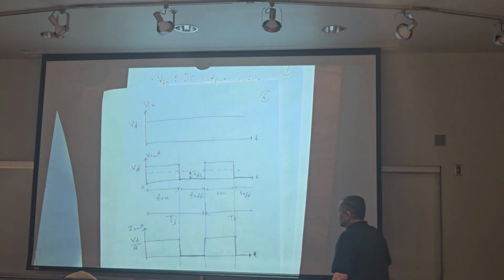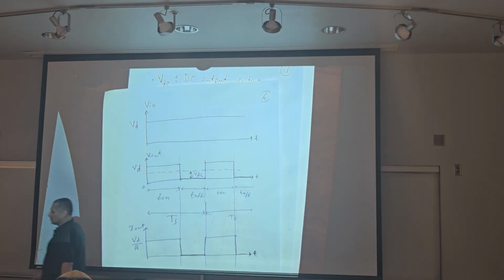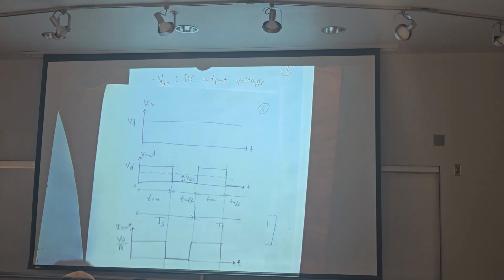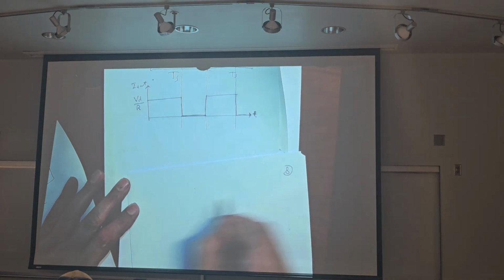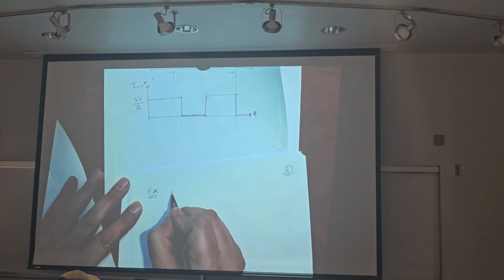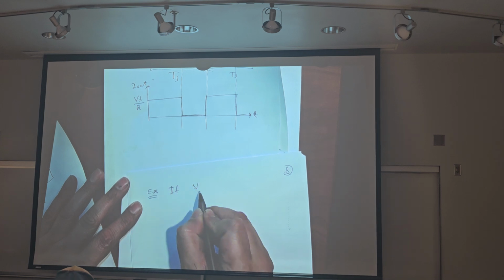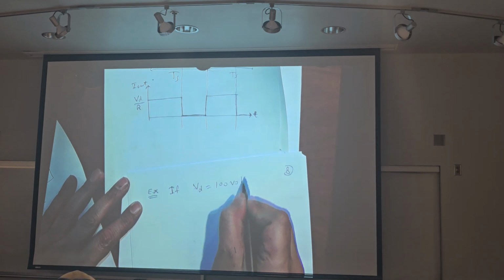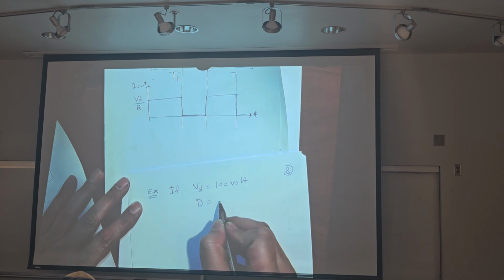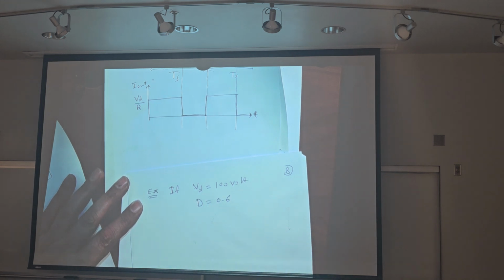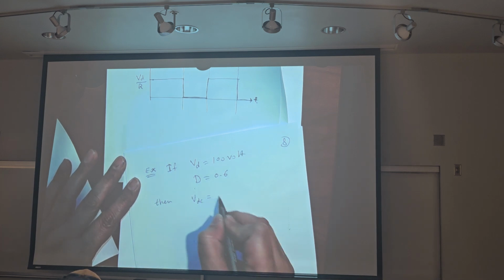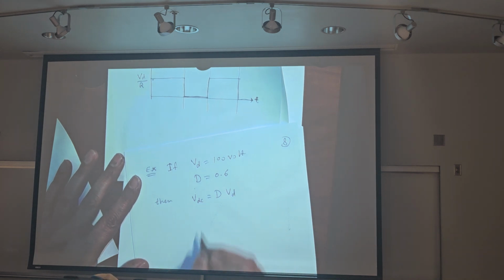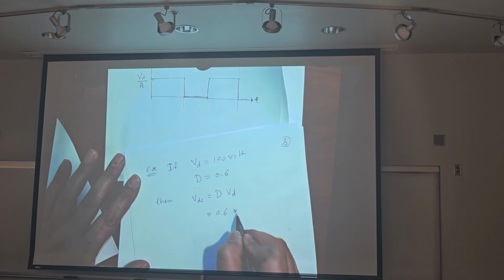So now let's study this example. If VD equals 100 volts and duty cycle 0.6, then VDC equals duty cycle times VD, 0.6 times 100 equals 60 volts.